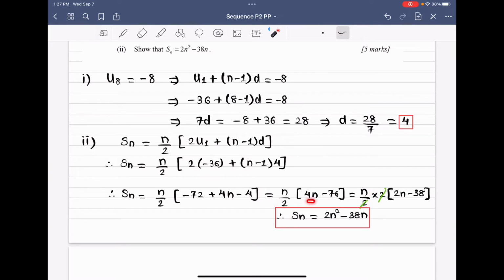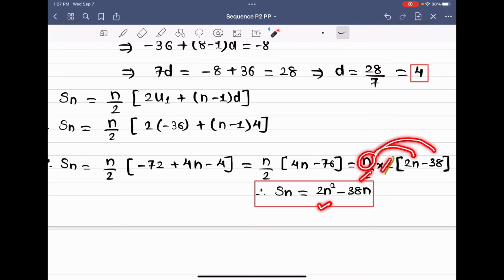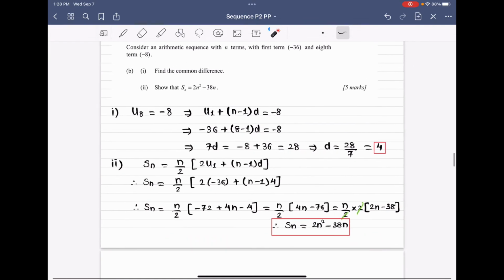I am taking 2 common, so I am dividing here by 2. 4 divided by 2 is basically 2, and n is there. 76 divided by 2 is 38. Whenever I am taking common, I write that common number outside and divide the number inside. This 2 gets cancelled, so you are left with n times 2n, which is 2n square, and n times 38, which is 38n. Middle sign is minus, which is what I want.